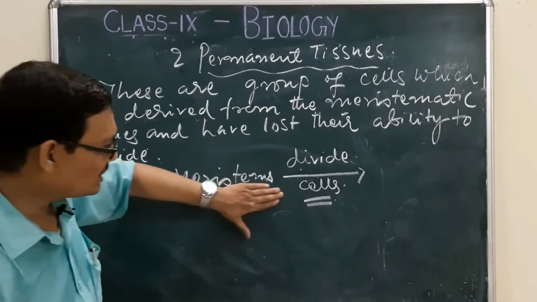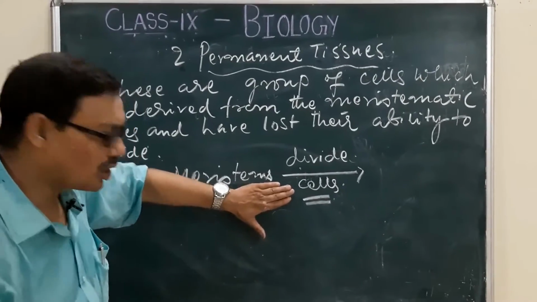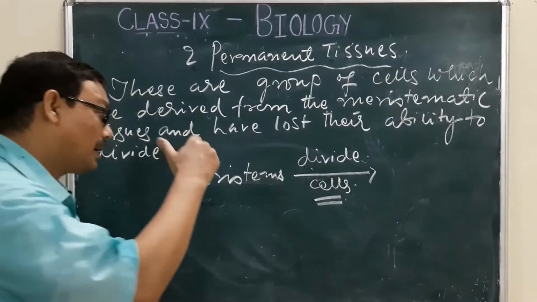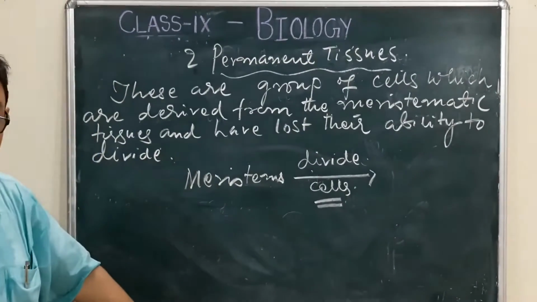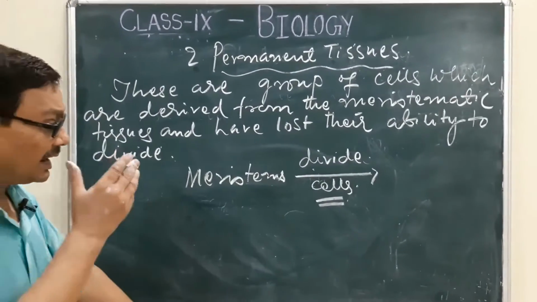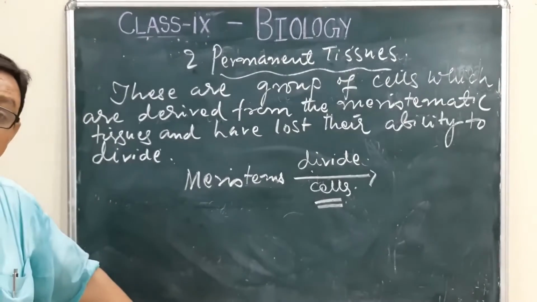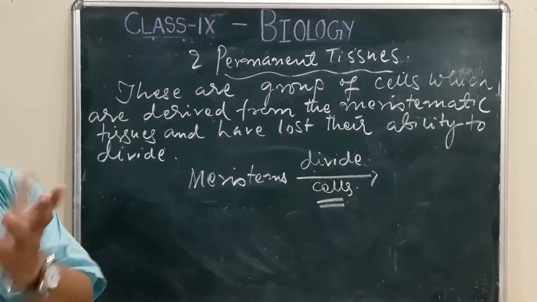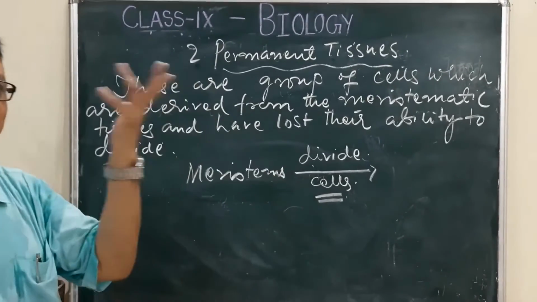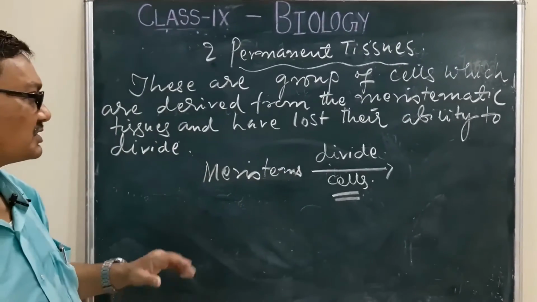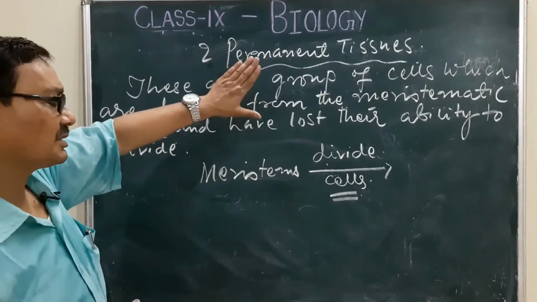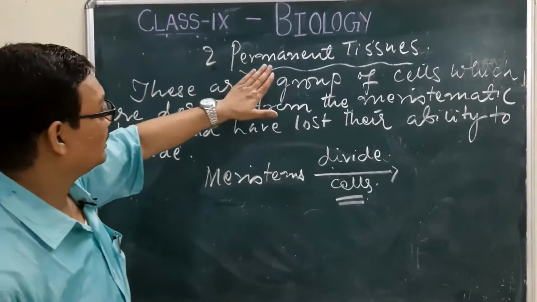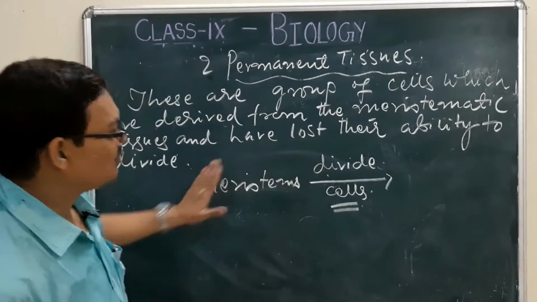When the cells of the meristems get a permanent shape, a permanent size, and a permanent job, that is differentiation. This is known as differentiation, and that means the permanent tissue is derived from the meristems.